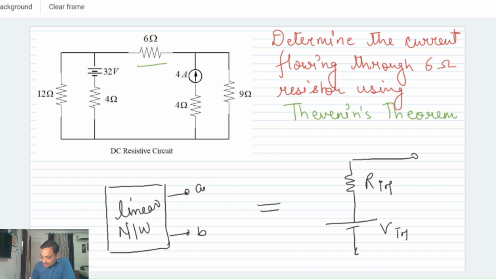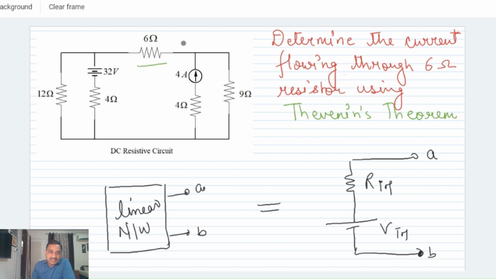This is called Thevenin's equivalent circuit. So let us determine the current flowing through this 6 ohm resistor using Thevenin's theorem.